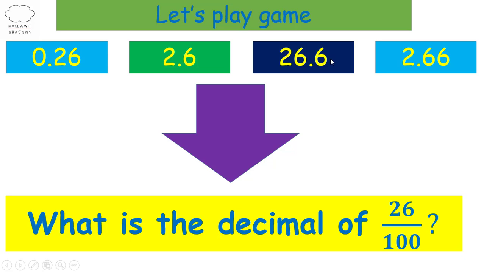Count from the back to the front, 2 steps, 1 and 2. So 26 over 100 equals 0.26. Okay, this one is correct.